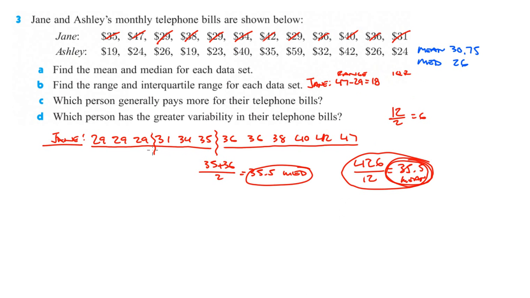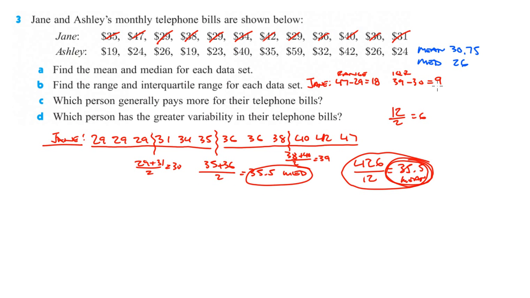There's 6 pieces each, so that's going to be the average of 29 and 31, which is 30. And then the average of 38 and 40 is going to give us 39. So the interquartile range is going to be 39 minus 30, which gives us 9.